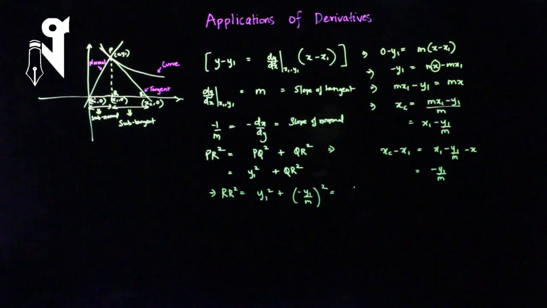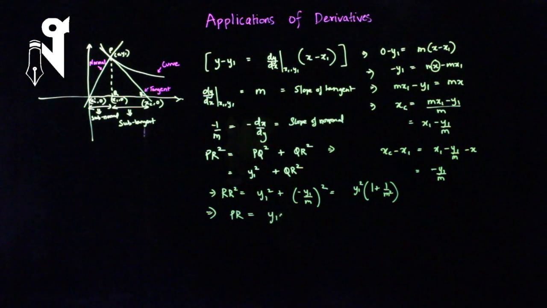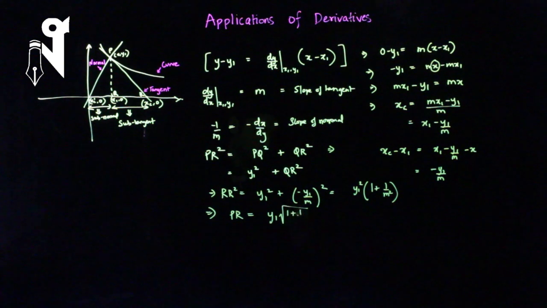I'll basically get y1 square times (1 plus 1 by m square). Now if I take square root on both sides, I have PR, which is just y1 root (1 plus 1 by m square). This is the length of tangent.